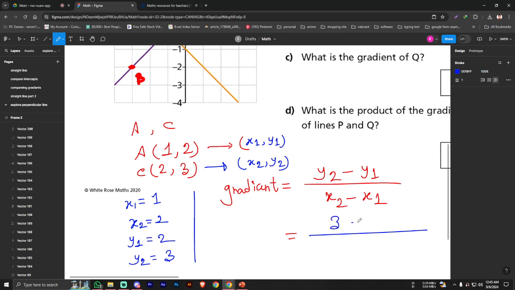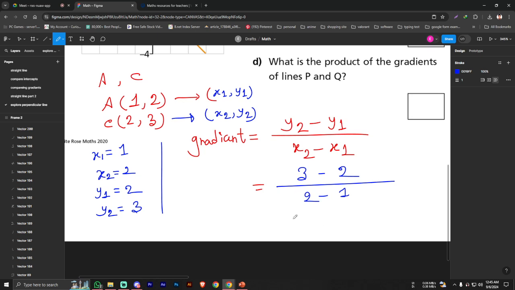So 3 minus 2, now 2 minus 1, or we can take different points here. So the answer will be 1 over 1, that means 1. So the answer is 1.